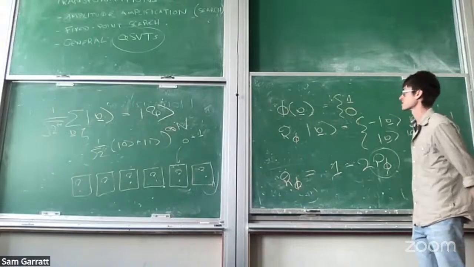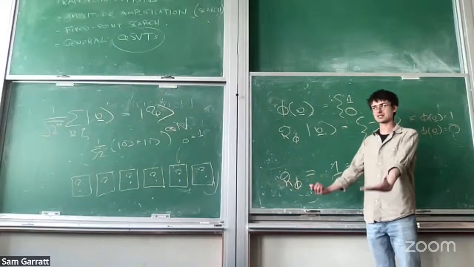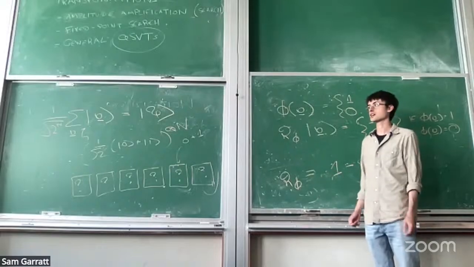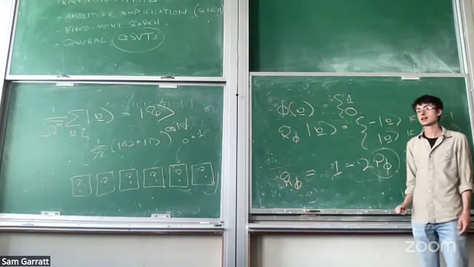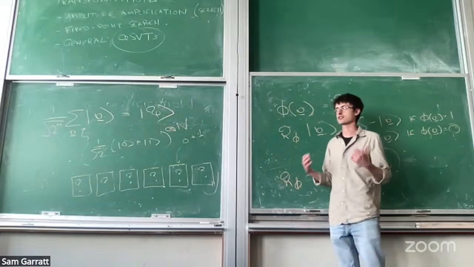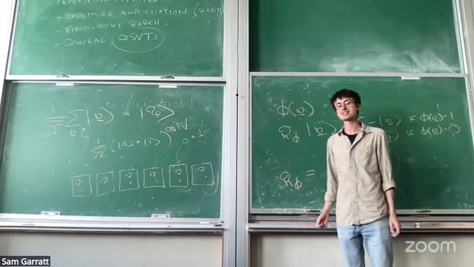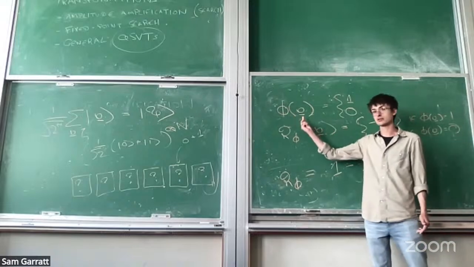Yeah, good question. Normally you don't place this constraint on yourself, and you just say, well, I have Oracle access to some reflection operator that can do this. Here, just to kind of ground ourselves in reality a bit, I'm specifying that our database search problem is one where phi of b can be efficiently computed.